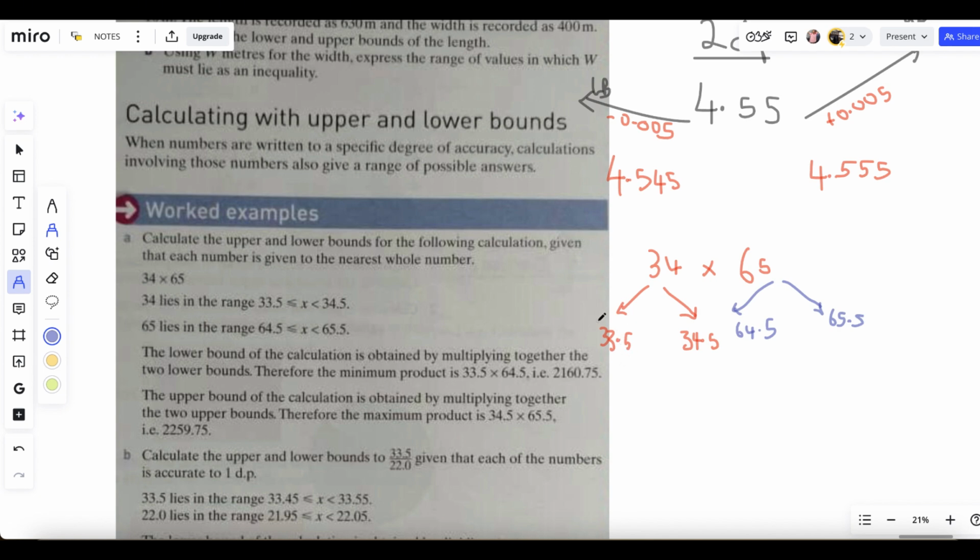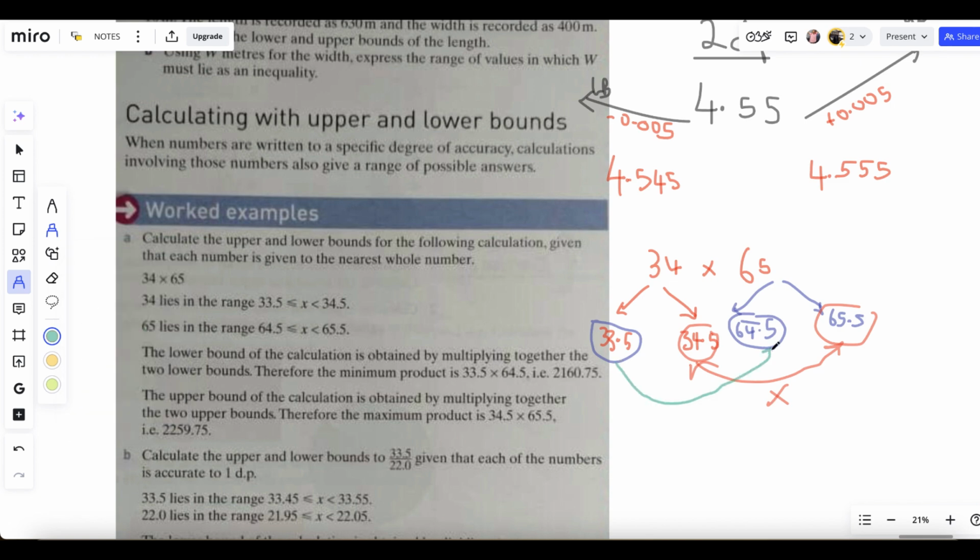But for multiplication, you just multiply lower by lower, and the upper of this one by the upper of this one.